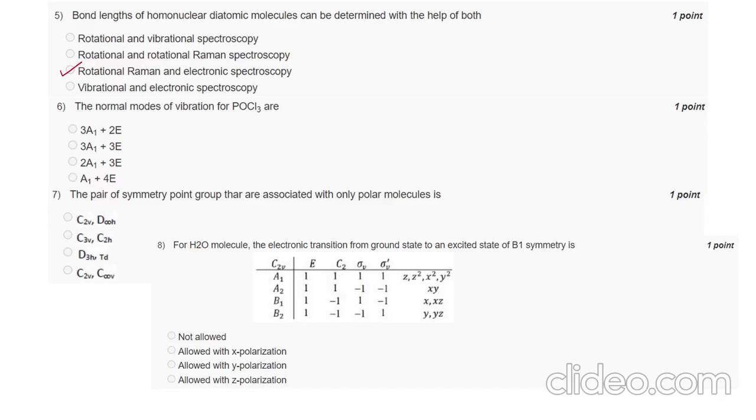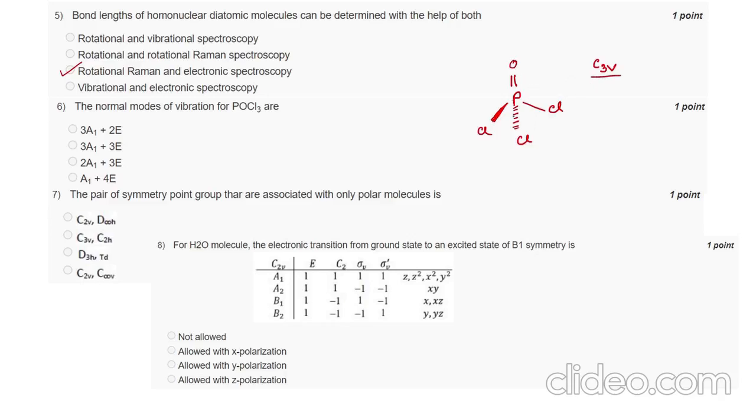What about the normal modes of vibration for POCl3? So we will draw it here. This is your phosphorus, O, and this is a pyramidal structure, and the point group is C3v.